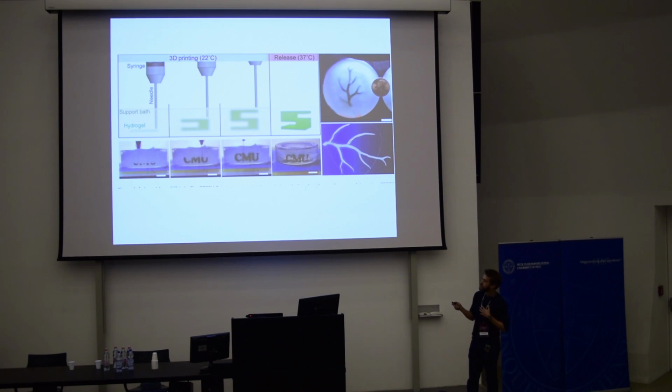When he was done, he would increase the temperature to 37 degrees, and the slushy bath becomes water, allowing him to pull out the structure. This gives you unlimited design freedom, really. All of a sudden, you're not limited by the constraint of having an overhang. You can create complex vascularity, in this case, which has different ups and downs.